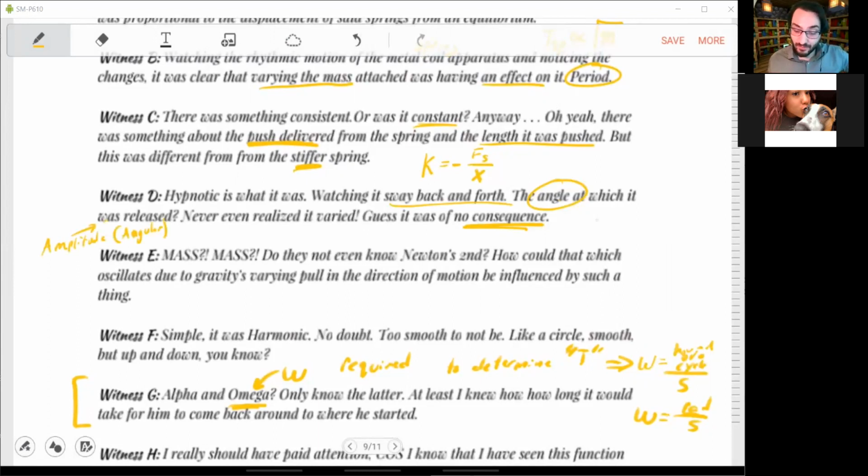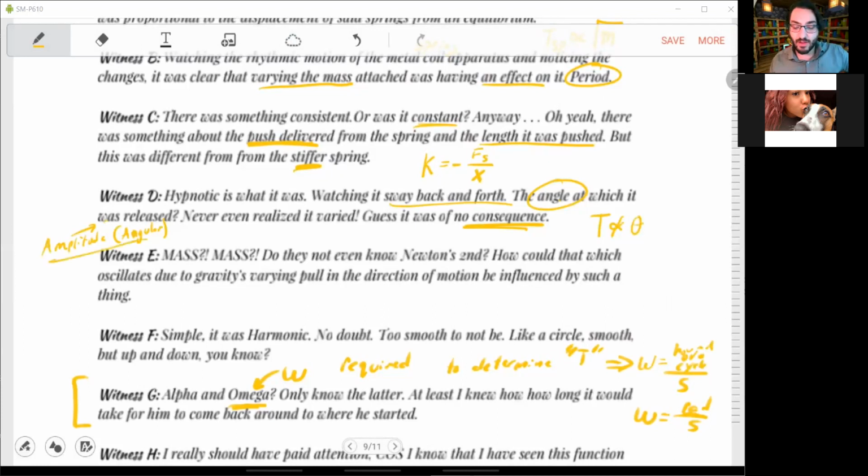So, period is not proportional to theta. Period is not proportional to angular amplitude, right?